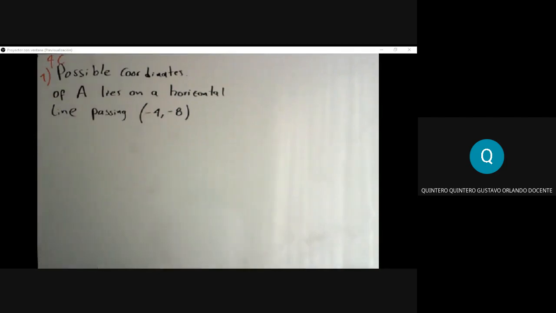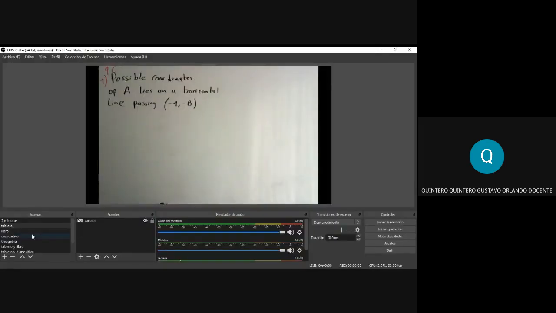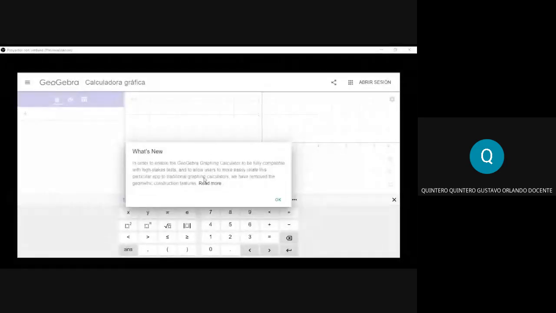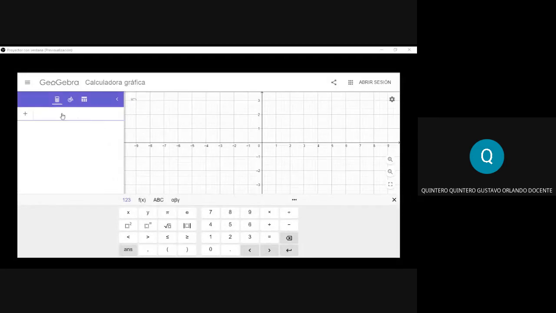If I jump into a graphing calculator real quick, what we're talking about is a horizontal line passing through the point -4, -8, right?